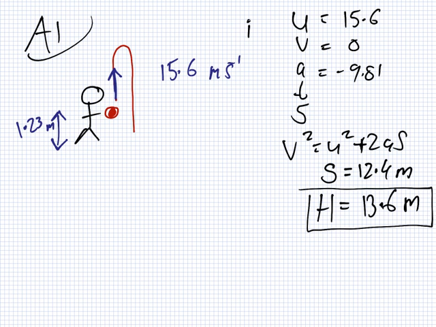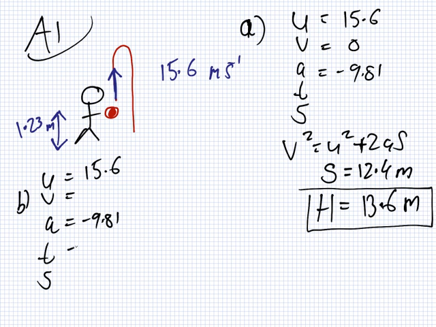This is part 1, or part A. And then part B is the time taken for the ball to hit the ground. So this is UVATS. The U is 15.6, the V we don't know, the A is minus 9.81, the T we don't know, and the S? 12.4. Nope. What? I want the ball to go here now.